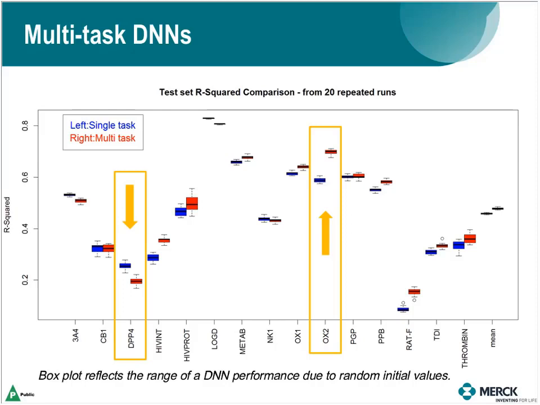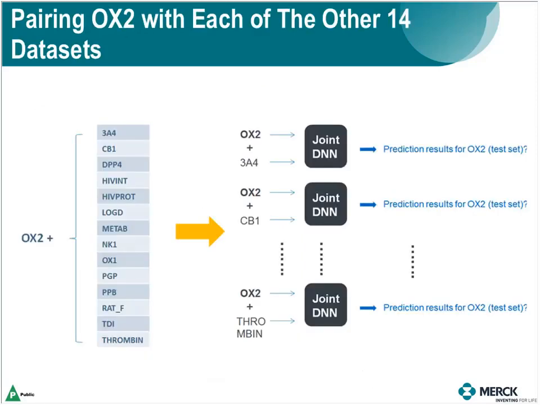For the OX2 task, we are not combining with all the other 14 tasks to make a 15-task network. We just combine OX2 with individual tasks to make 14 two-task networks, so that we can see which task really contributes to the overall improvement.